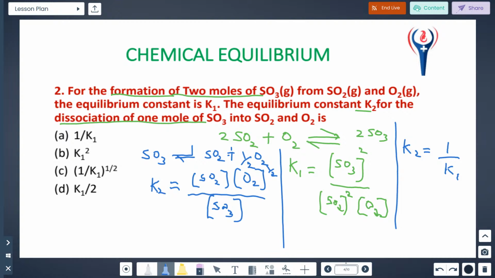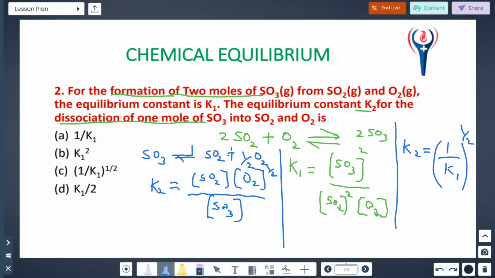Now see here, we have O2 power 1 by 2, but there only O2 appears.